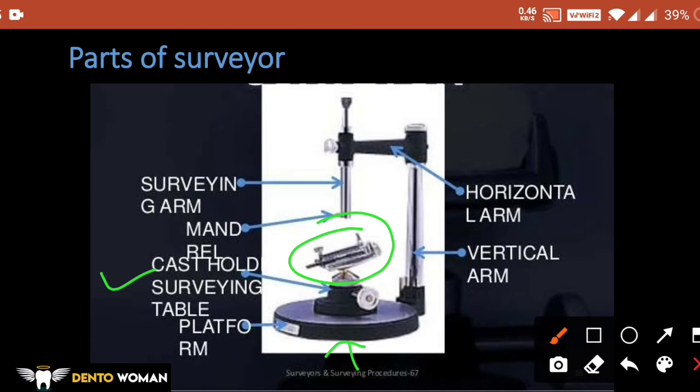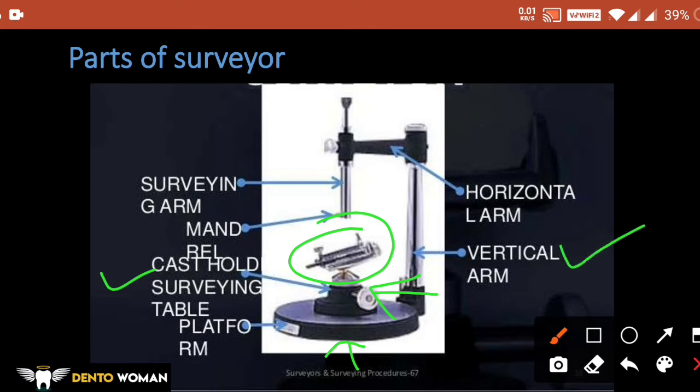The table is attached to the base with the help of ball and socket joint. This joint facilitates the tilt of the table, but the tilt should not exceed 10 degrees, because if it does, then the path of insertion also increases, ultimately requiring excessive mouth opening during insertion.